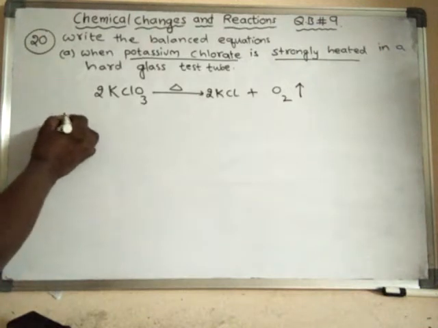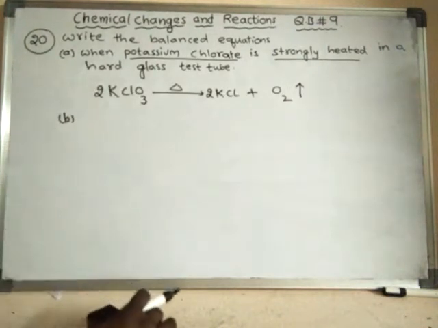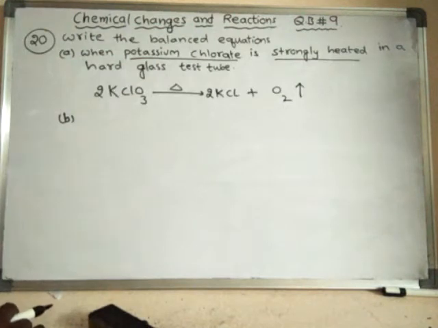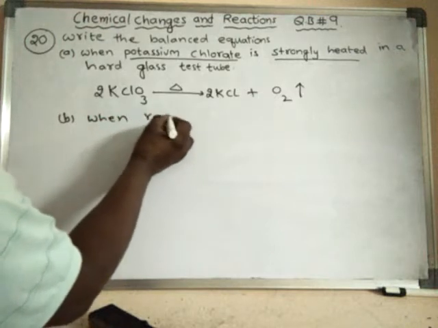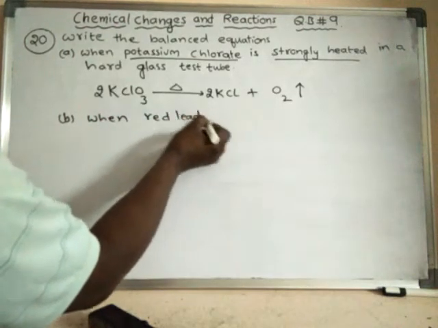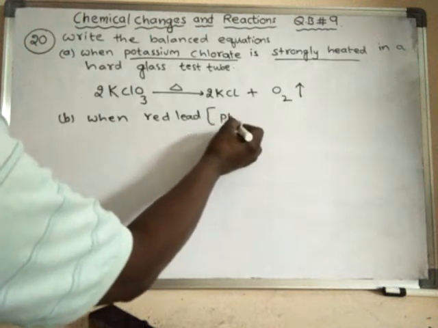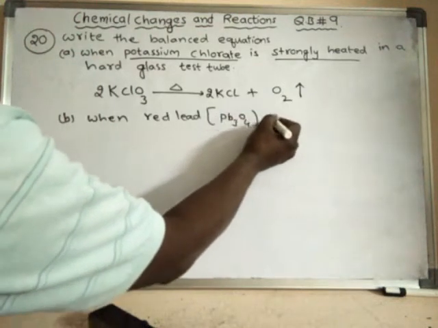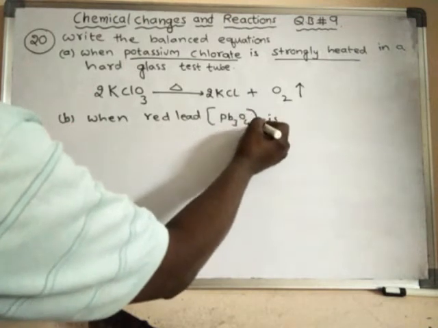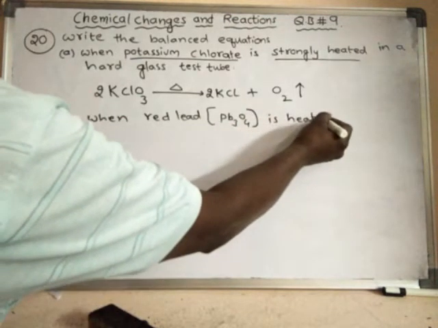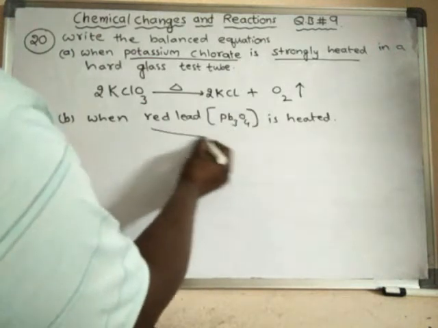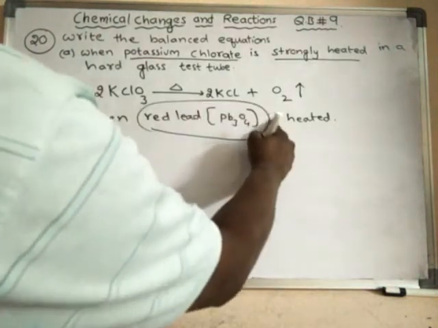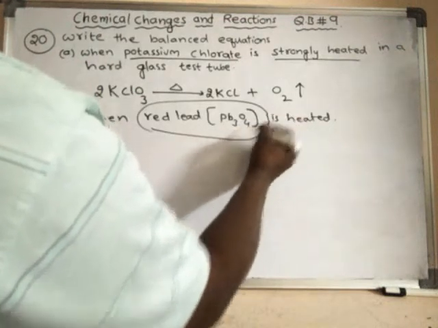Next, sub question B. When red lead is heated. What is the formula of red lead? Pb3O4. What happens when red lead is heated? Actually, red lead is called plumboplumbic oxide.